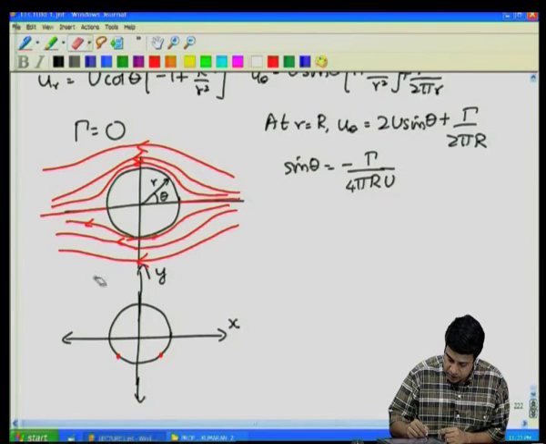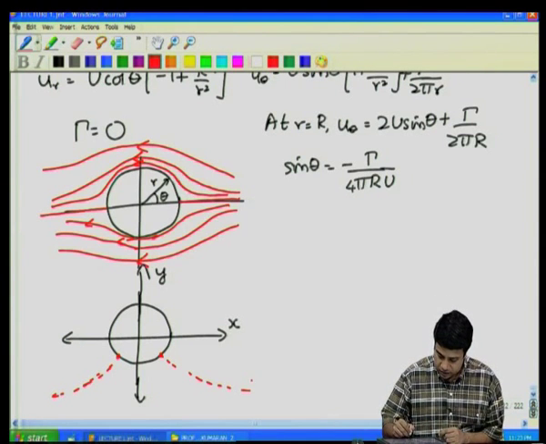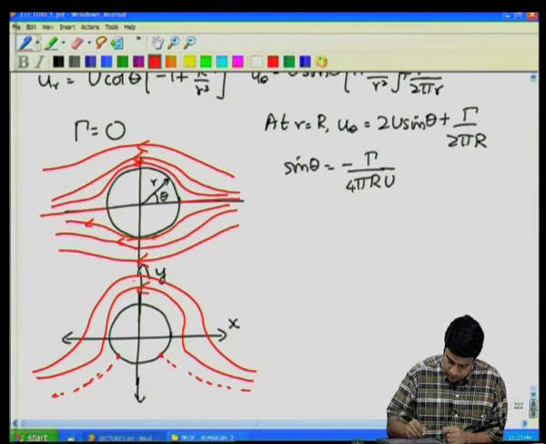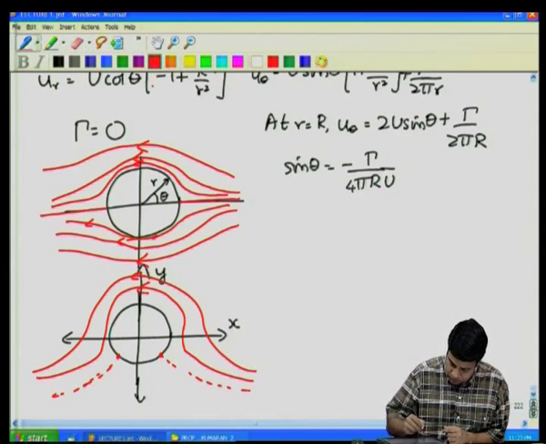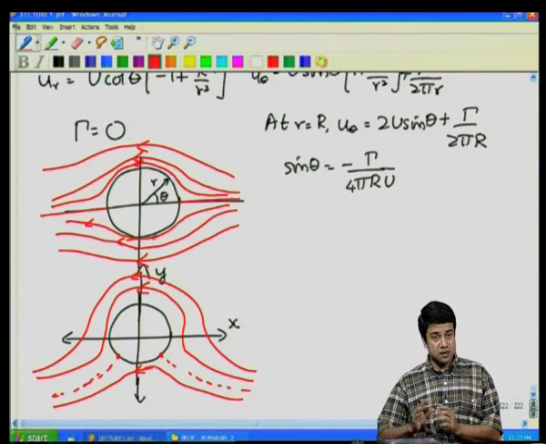And if you plot the streamlines coming in to these locations, you will get a stagnation streamline that looks something like this. And the flow around the cylinder will now look something like this. So, this is no longer symmetric like the one that we had for gamma is equal to 0.